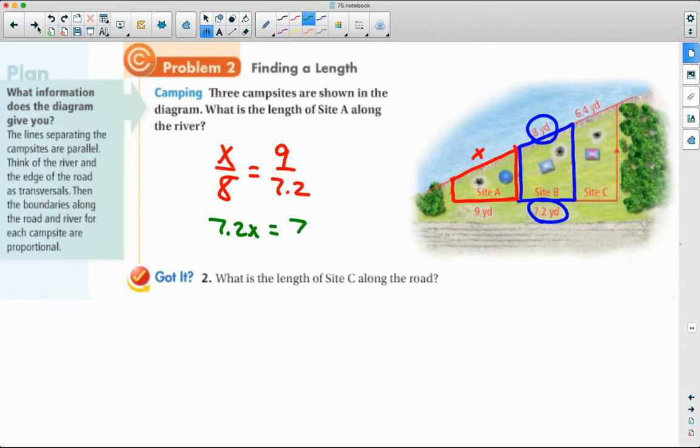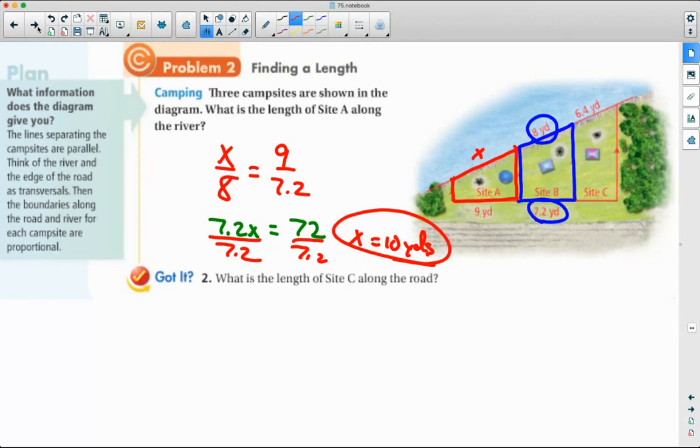Right? And if I do 72 divided by 7.2, what do I get? 10. All right? I get 10. So divide by 7.2, I get x equals 10. So 10 yards is going to be my answer.